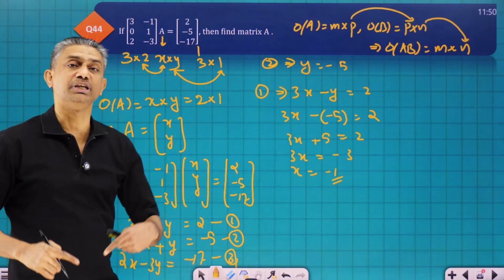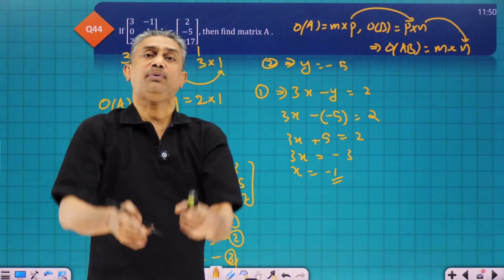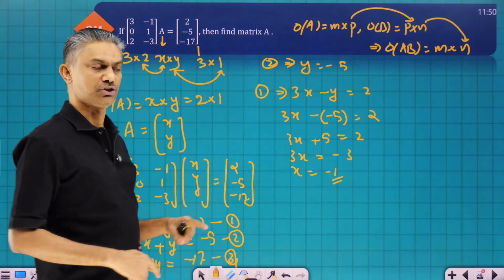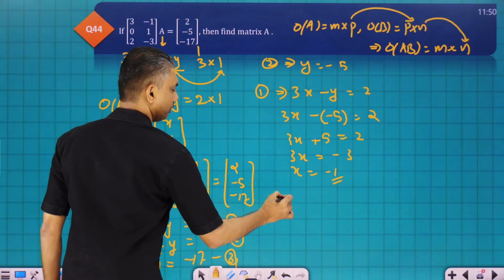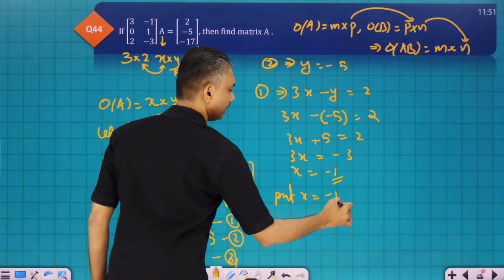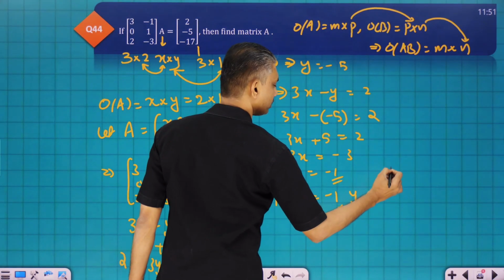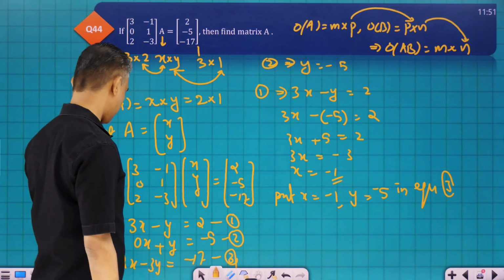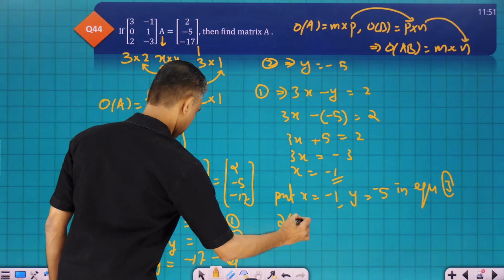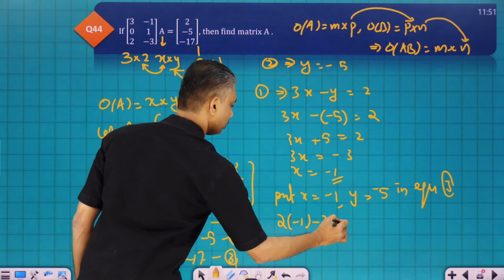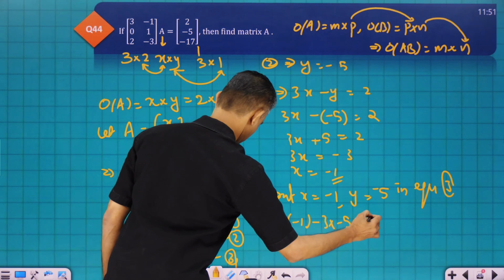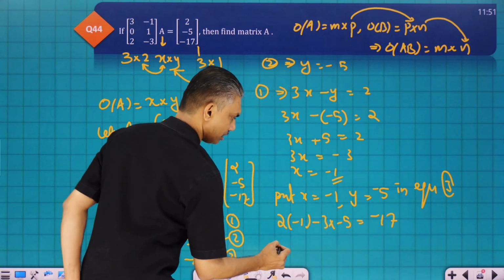Now, if these two x and y satisfy the third equation, then only we can say that A exists. Now, put x is equal to minus 1, y is equal to minus 5 in equation 3. What will we get? 2 into minus 1 minus 3 into minus 5 equal to minus 17.